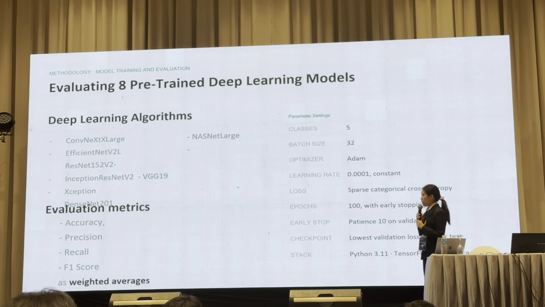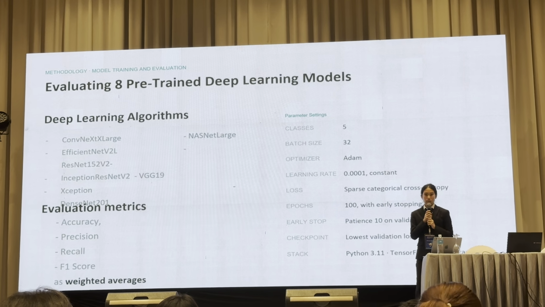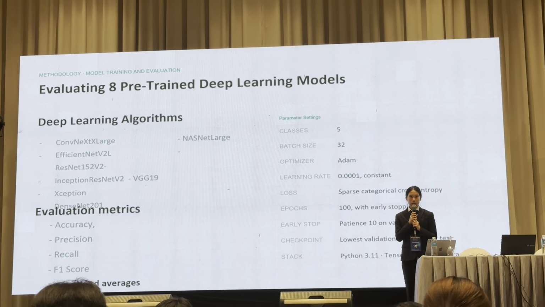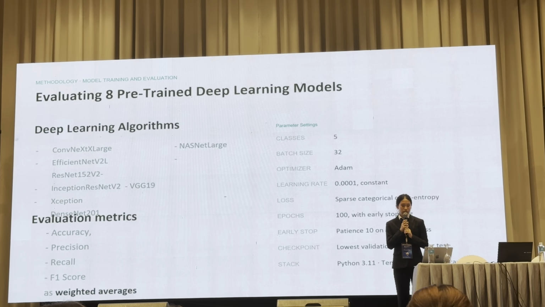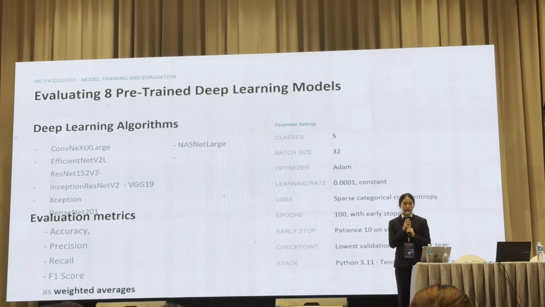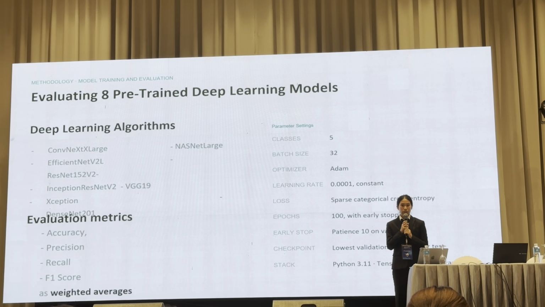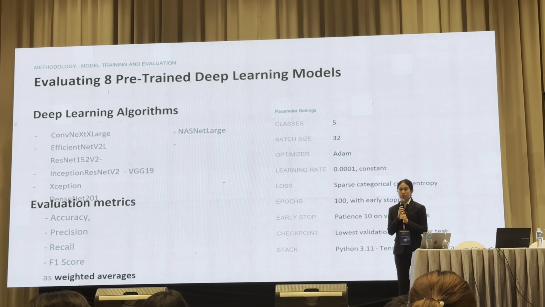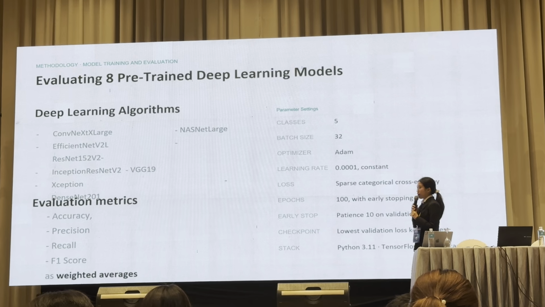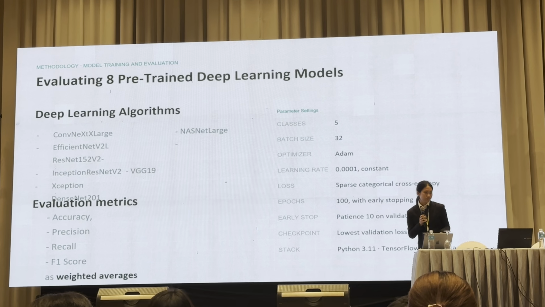Performance was then evaluated using accuracy, precision, recall, and F1 score. Because the data set is imbalanced, these metrics were recorded as weighted averages. The training configuration used for all experiments is summarized here in the parameter settings table.